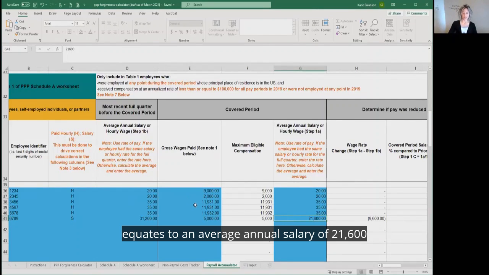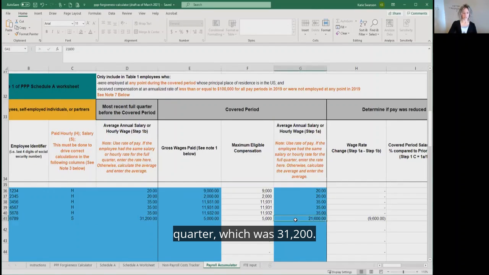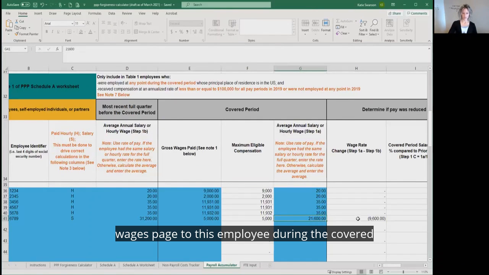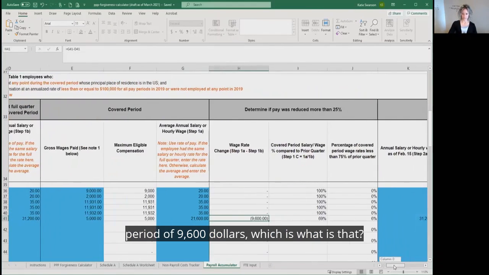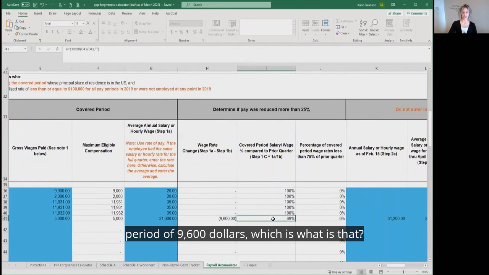So during the covered period, they essentially got paid the equivalent of an annual salary of $21,600. Now compare that to what it was in the first quarter, which was $31,200. So there was a reduction in the salaries and wages paid to this employee during the covered period of $9,600, which is, what is that, a 31% decrease in wages paid.